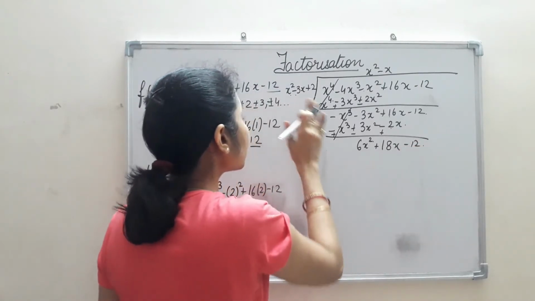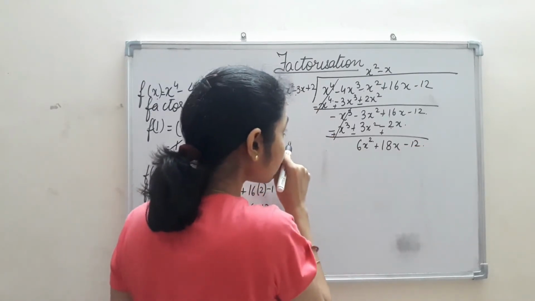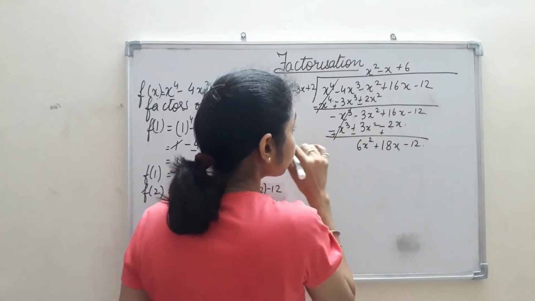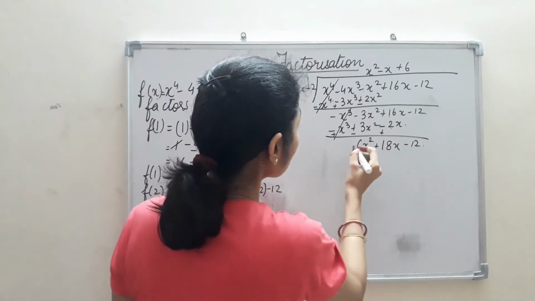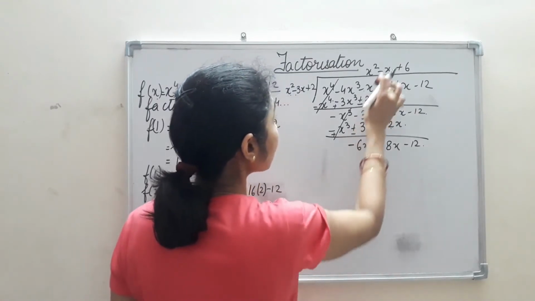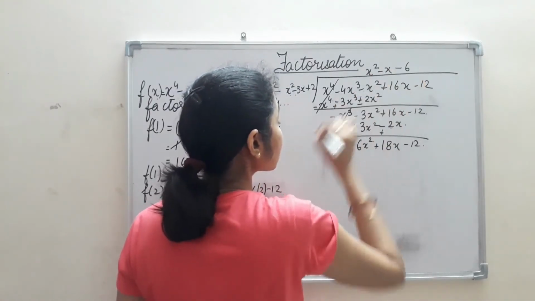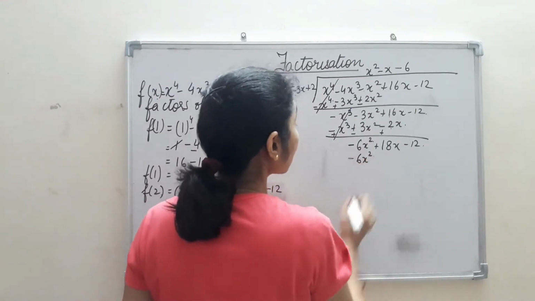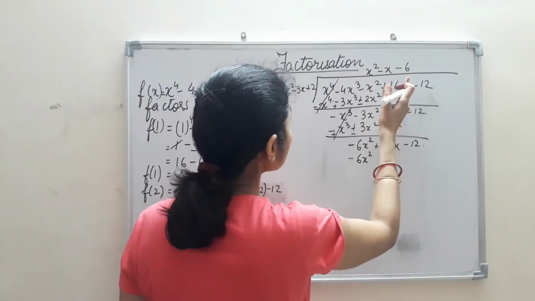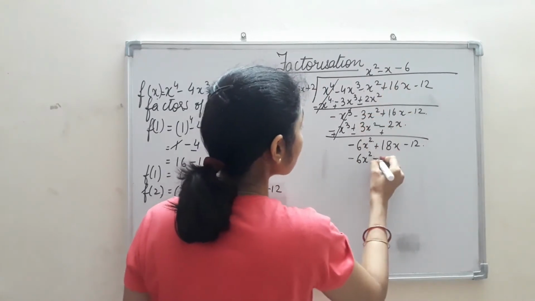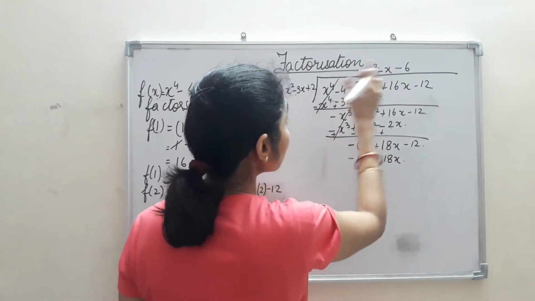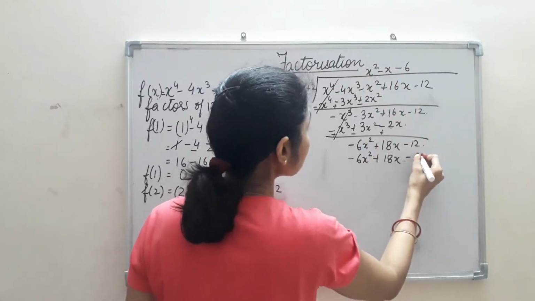Now what should I multiply to x square to get minus 6x square? Sorry, here I need minus 6. So minus 6x square, and minus 3x into minus 6 gives me positive 18x, and plus 2 into minus 6 gives me minus 12.